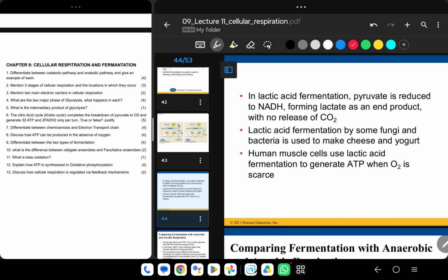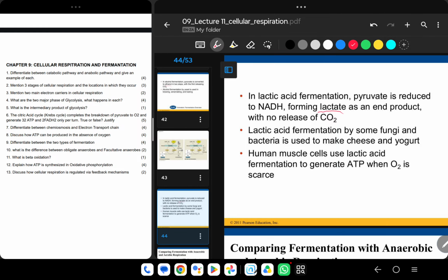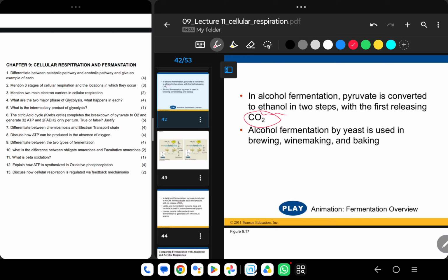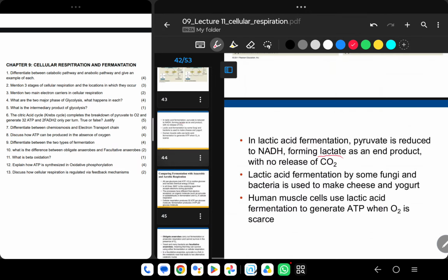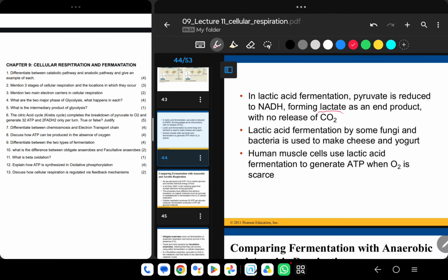In lactic acid fermentation, pyruvate gets reduced, with NADH involved, and in the process it forms lactate as an end product with no release of carbon dioxide. But with alcohol fermentation, there is a release of what? Of carbon dioxide. In lactic acid fermentation, there is no release of carbon dioxide. This is mostly done by human muscles as well to generate ATP when oxygen is scarce. So that is the difference between those two.